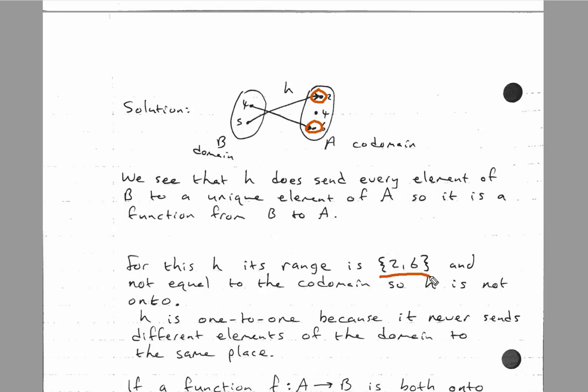So the range of h is just 2, 6. And the fact that that is not equal to the codomain A means that h is not onto. Okay, so any missing numbers like this in the codomain means the function is not onto.